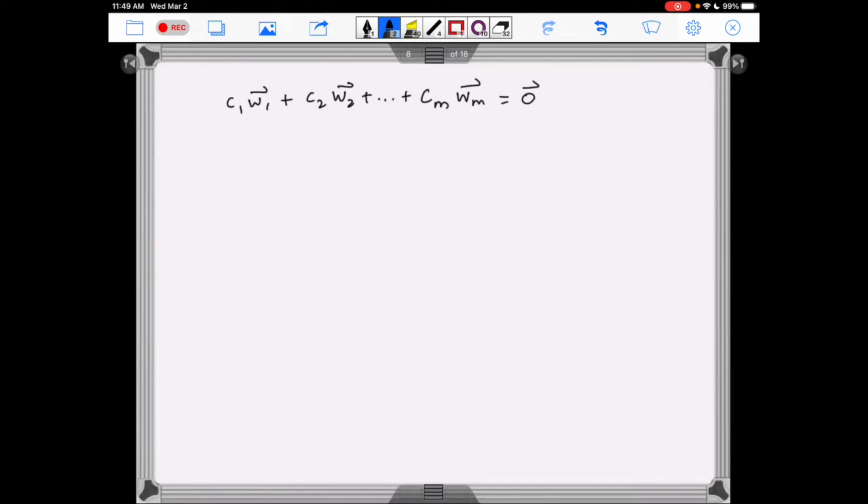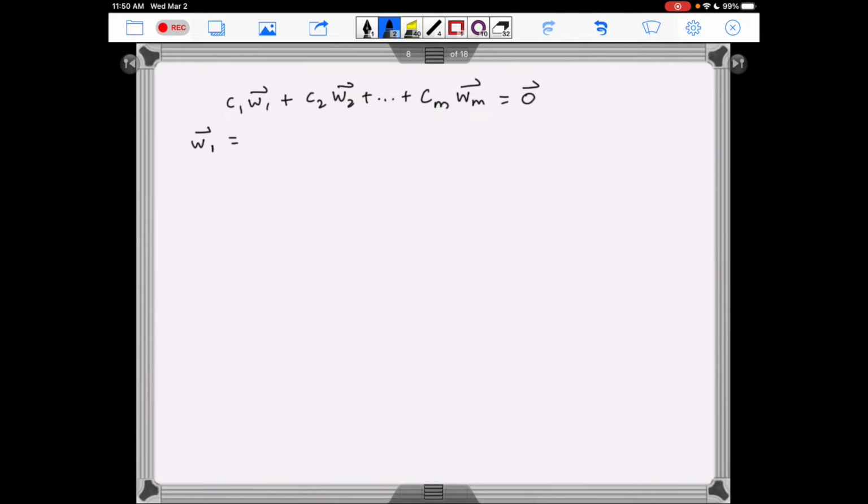And what we're going to do is we're going to look at this equation, right? This is the linear combination, right? We're trying to show that there exists a non-trivial solution to this, right? So this is our linear dependence relationship. However, by what I wrote down a second ago, we know that each W can be written as a linear combination of all of those, right?